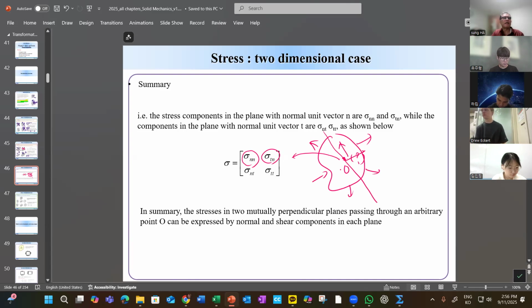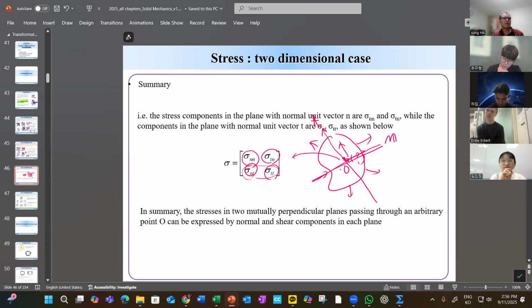And then for the t vector, we have another cross section which is perpendicular to this t. We have sigma tt and sigma nt. Okay, this is the definition of the internal forces in a body. This is the n vector, and this is the t vector.